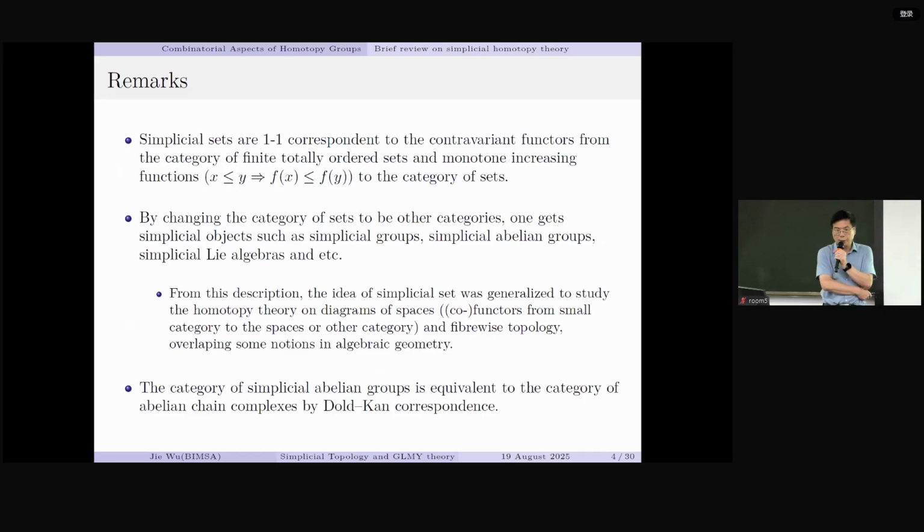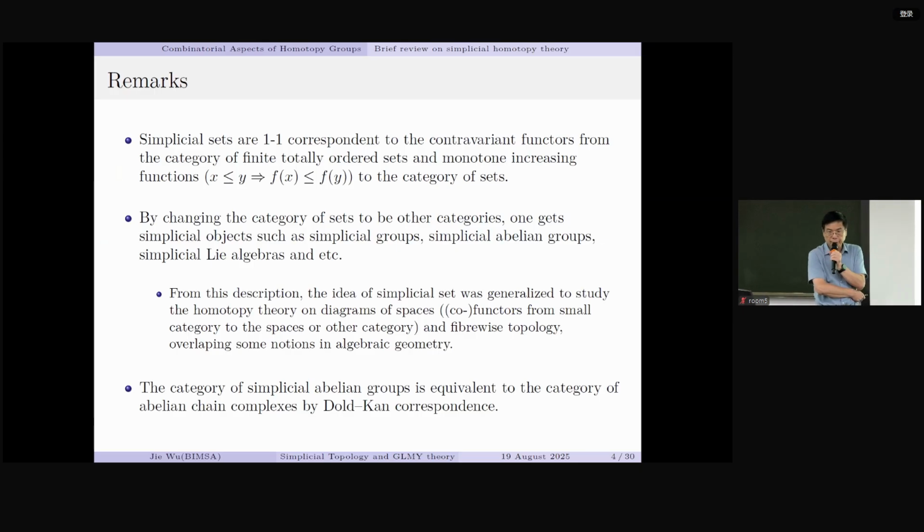One thing is that nowadays people use this a lot to do categorizations. You can see that simplicial sets correspond one-to-one to contravariant functors from the category of finite ordered sets, with monotone functions, to the category of sets.